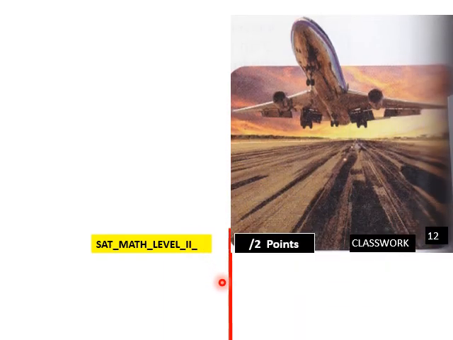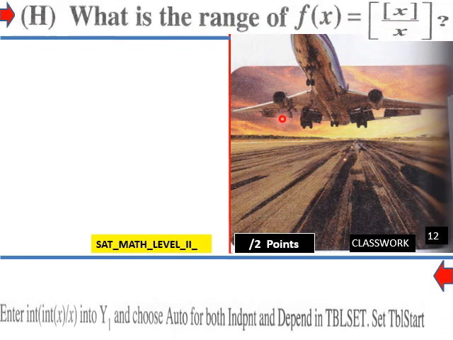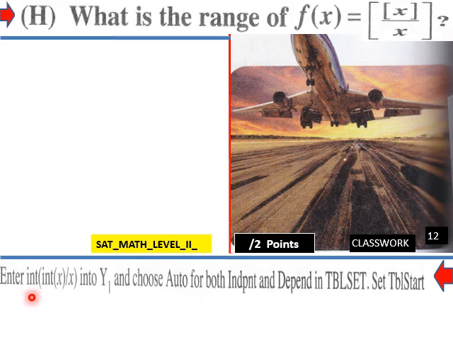And example H, what is the range of f of x equals bracket x over x? So enter int(x)/x into Y1 and choose auto for both independent and dependent in table set.